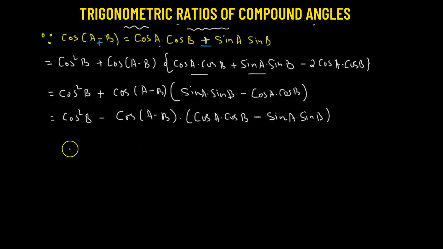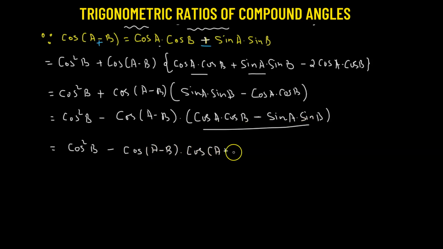Our expression is now going to become cosine squared B minus cosine of (A minus B) multiplied by, so this entire expression now becomes cosine of (A plus B).